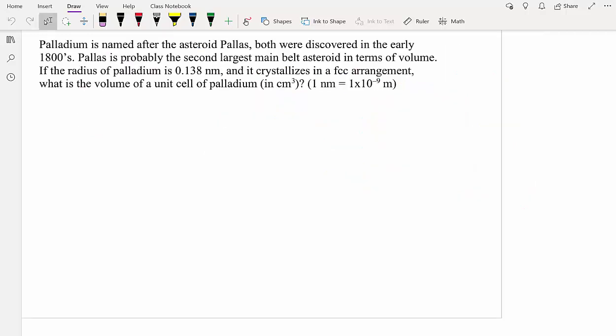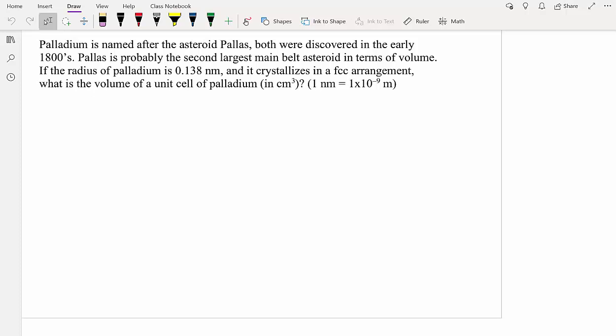Let us now take a look at this next problem. Palladium, element number 46 on the periodic table, is named after the asteroid Pallas. Both were discovered in the early 1800s. Pallas is probably the second largest main belt asteroid in terms of volume.